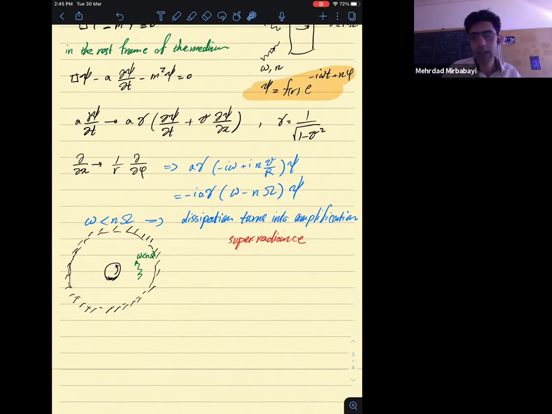And this is a systematic way of realizing the Penrose process. So if you just surround your rotating black hole with mirrors, and send in a wave which satisfies the superradiance condition, then that wave is going to get amplified and extract energy from the rotating black hole.